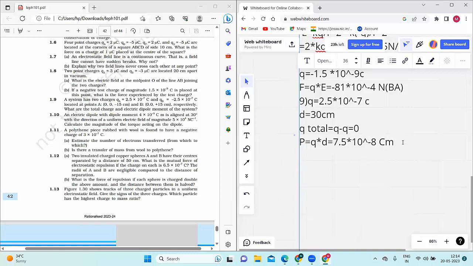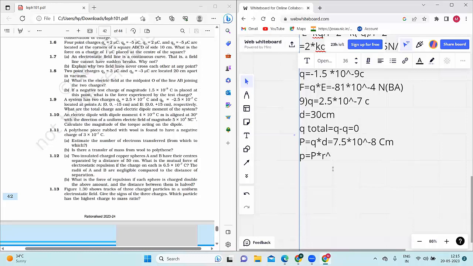As you know, the dipole is not a scalar, it's a vector, so we need to find the direction and magnitude of the dipole. We found the magnitude as 7.5 into 10 power minus 8 coulomb meter, so then into the direction vector, R cap.